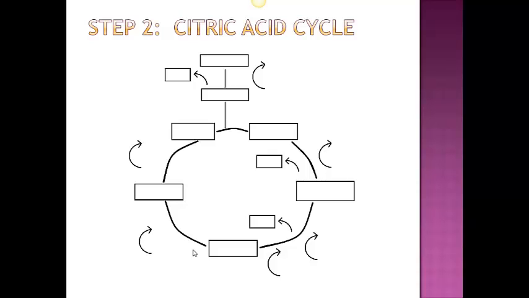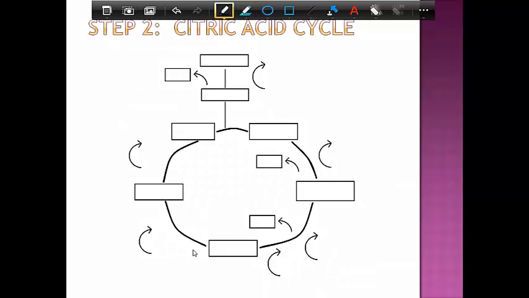Remember, I said we're going to start with pyruvate, and each glucose molecule that goes through cellular respiration, starting with glycolysis, gets first broken down into 2 pyruvates. Each pyruvate has 3 carbons. In this step, it's going to be especially important to keep track of where these carbons are. So the pyruvate is where we're starting at the top of our cycle.